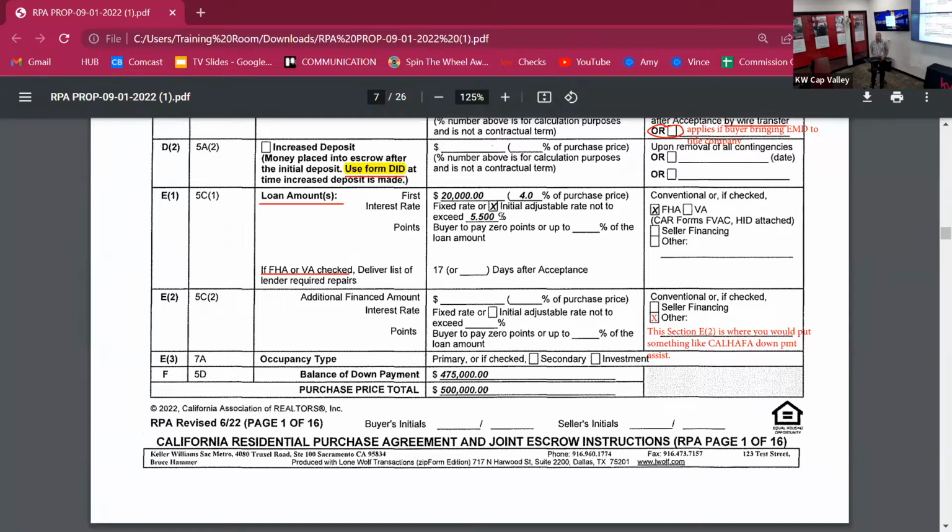5% rate, right? Well, if you don't put an amount in this field, let's just say between the time they got their pre-approval and you wrote the contract, and the time they get into final underwriting, you didn't fill anything into that box, and they hadn't locked their loan yet, and now their loan rate, instead of being 5, is at 6.5, and at 6.5, with their ratios, they no longer qualify for the loan.